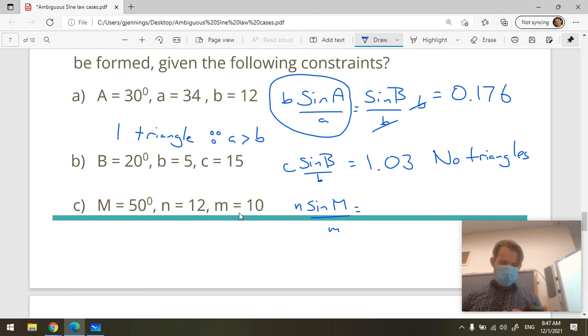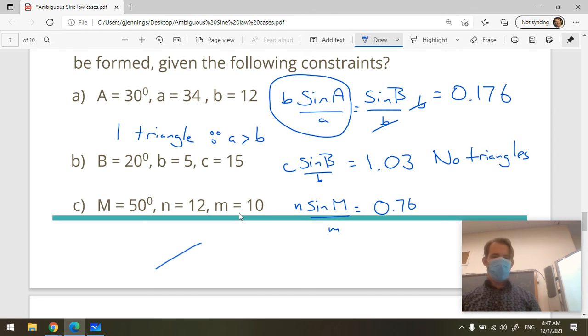So 12 divided by 10 is 1.2 multiplied by the sine of 50, and that gives me 0.76. Because this is less than 1, bigger than 0, of course, and here the n is greater than the m, so that will give us how many triangles?